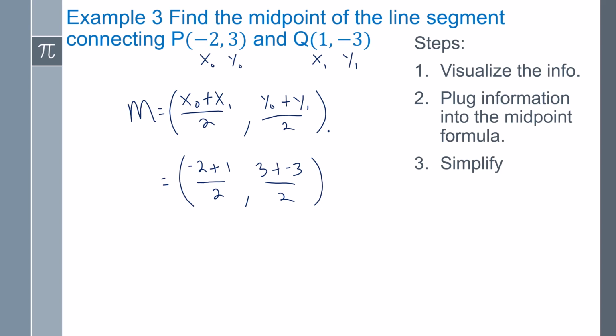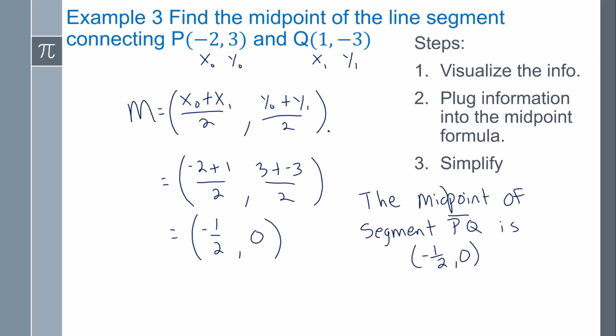Negative 2 plus 1 is negative 1, so you get negative 1/2. 3 plus negative 3 is 0, 0 over 2 is 0, and so the midpoint of the segment PQ is going to be (negative 1/2, 0). Now, you could have just stopped there, and you could state that that's what your midpoint is. No big deal, but I just wrote a sentence to kind of explain it.